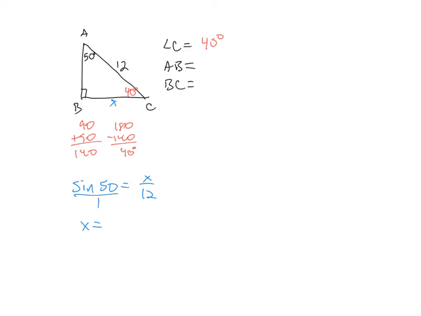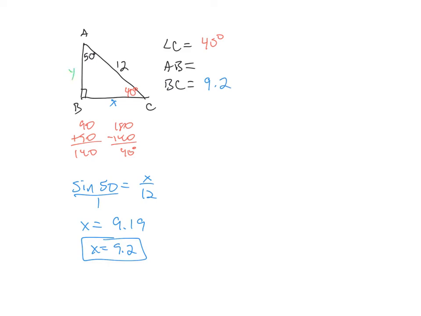X times 1 is X. And then do 12 times the sine of 50. And I get 9.19 or 9.2. So BC is 9.2.